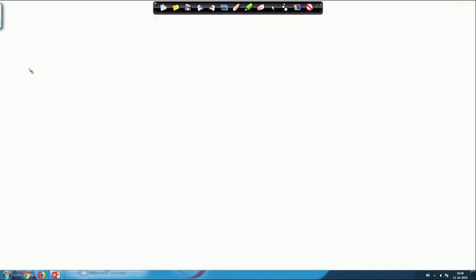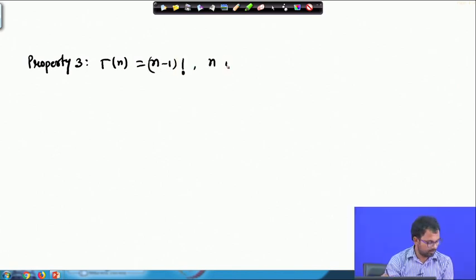Now, we have the third property. So, property 3, which is basically gamma n equals to n minus 1 factorial, where n is a positive integer.